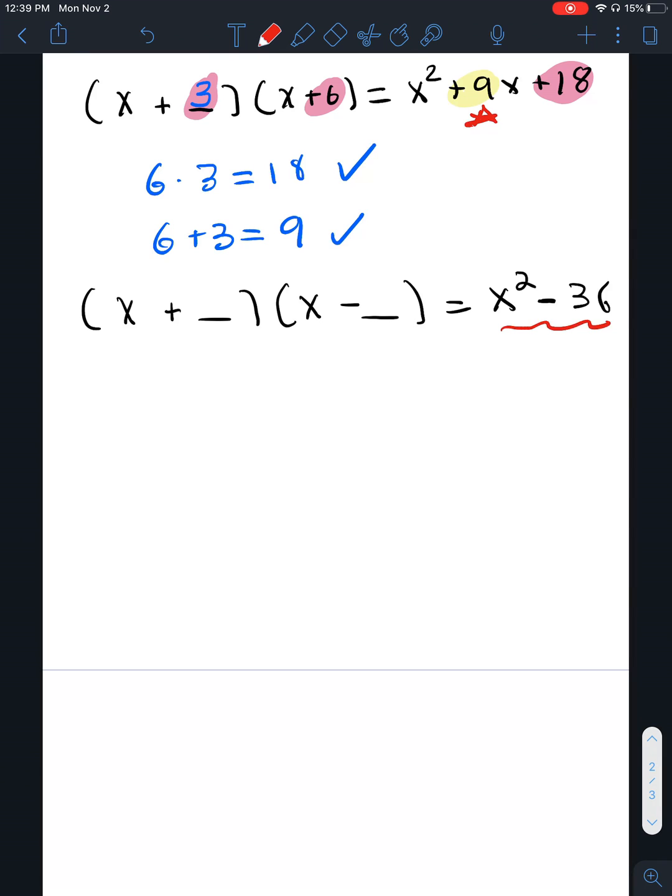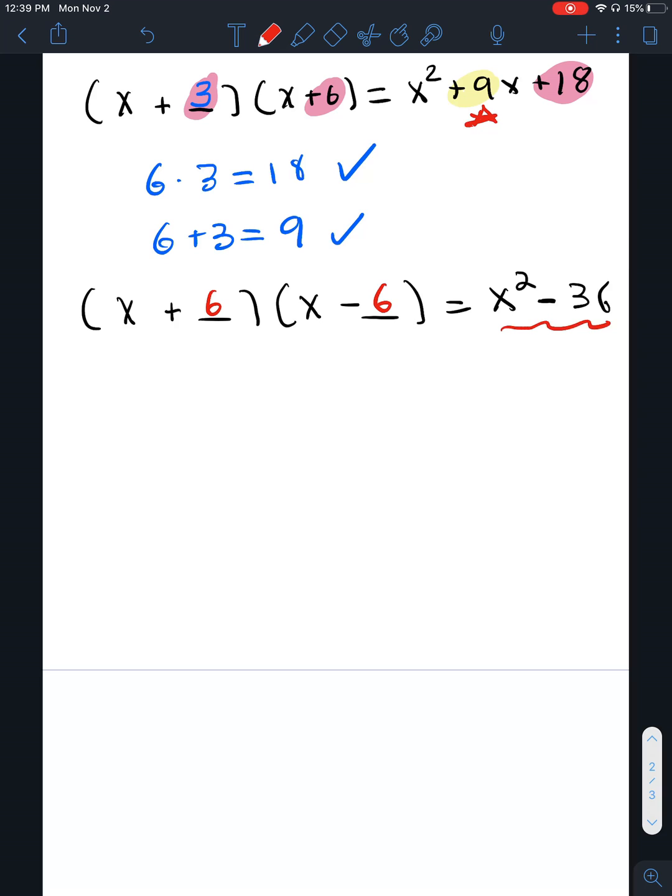So that means that when we add the two terms together, it needs to get me a 0. But these same two numbers need to multiply to give me negative 36. So there's no choice but for the numbers to be exactly the same. So what same two numbers multiply to 36? Well, that's 6 and 6. And 6 minus 6 also gives us that 0.